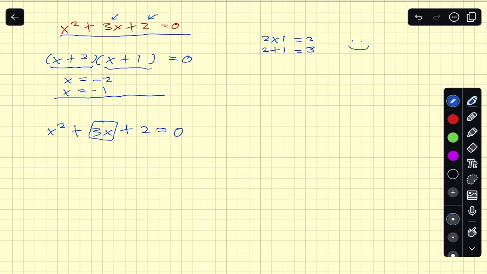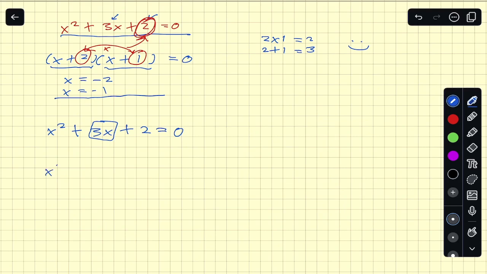And the final term, 2, is made by these other terms multiplying together. So 2 times 1 creates the 2 that we have in the expansion.